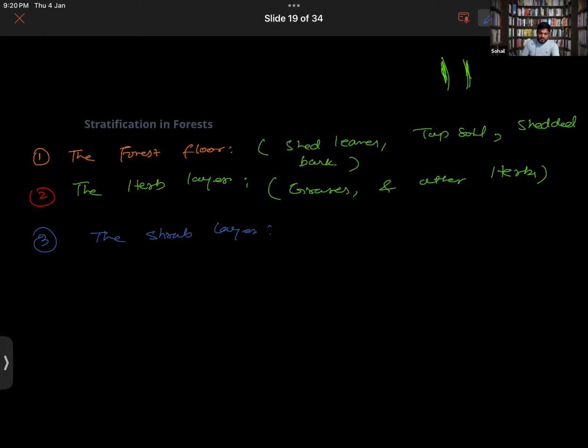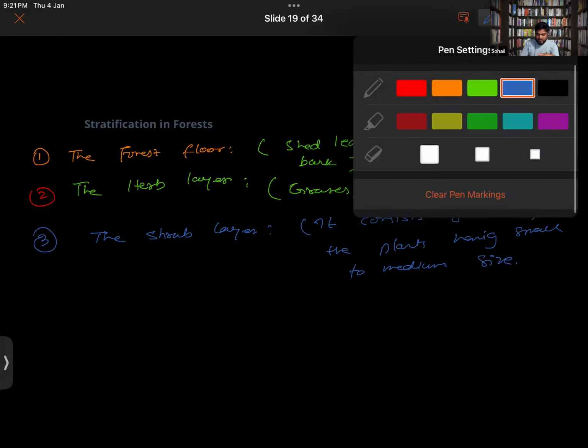So the shrub layer will consist of shrubs, the plants having small to medium size. Is that clear to everyone?